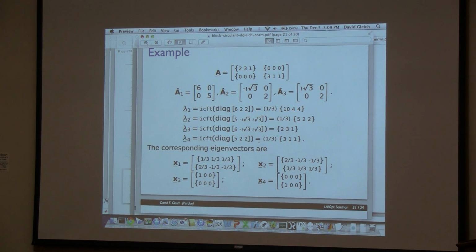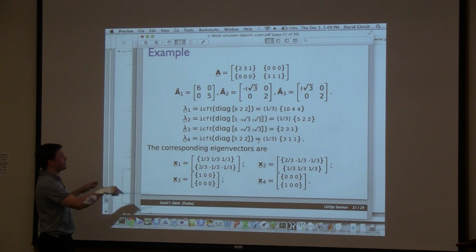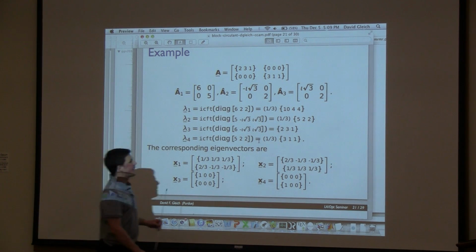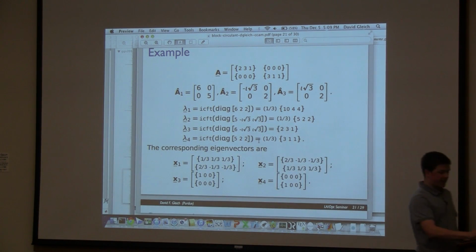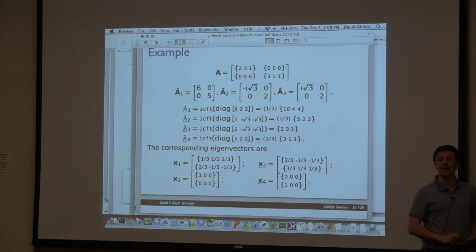So that's also an eigenvector of this one. It's just not what you get out of the power method. So a standard matrix has n eigenvalues and n eigenvectors. These matrices end up having n to the k eigenvalues and eigenvectors.